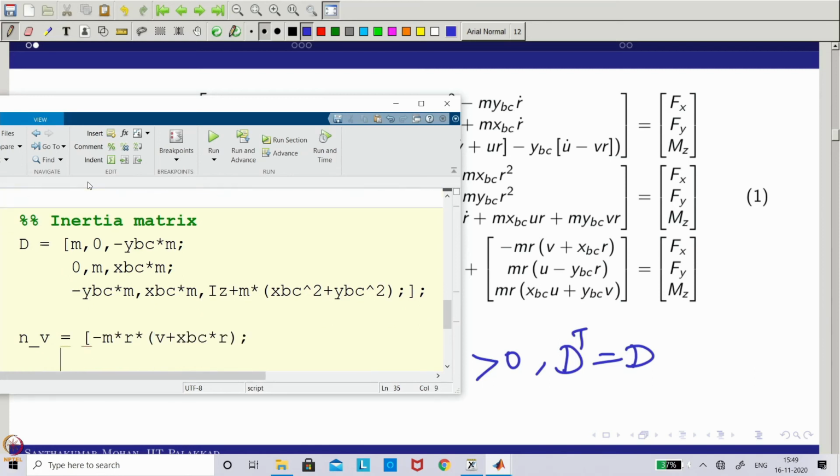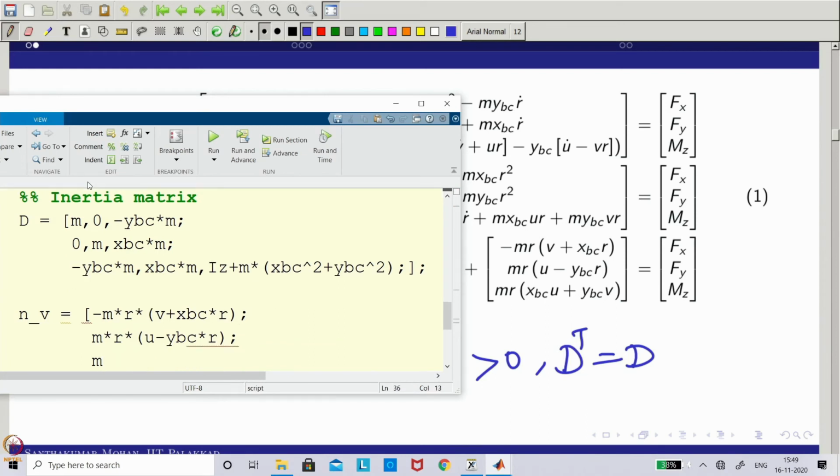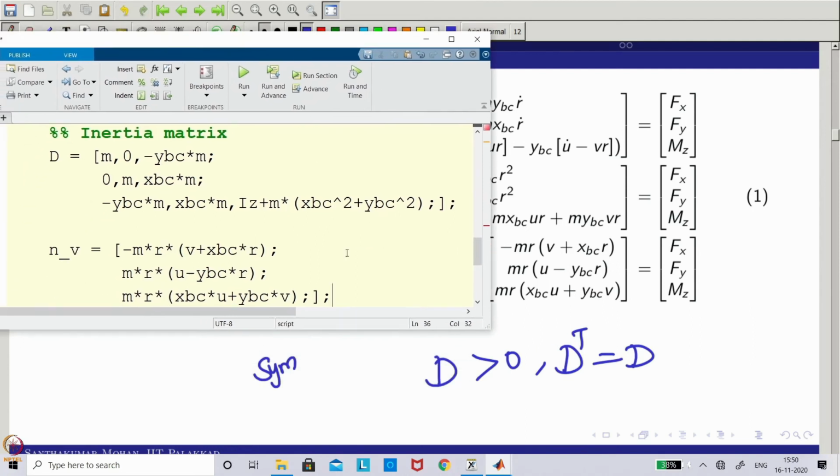Then the second term, which is m into r, so u minus ybc into... I'll type it faster so that it would be beneficial. So this is xbc multiplied with u plus ybc multiplied with v. Then this is the last term, and this is what we have done.